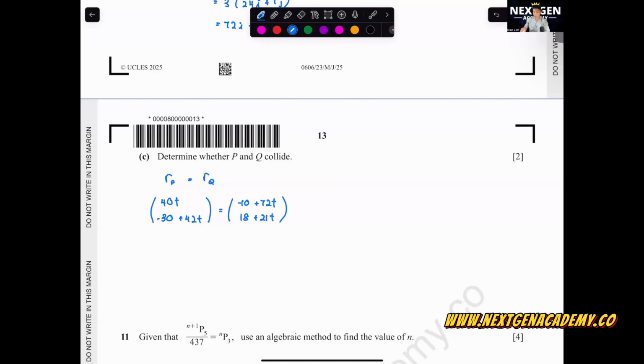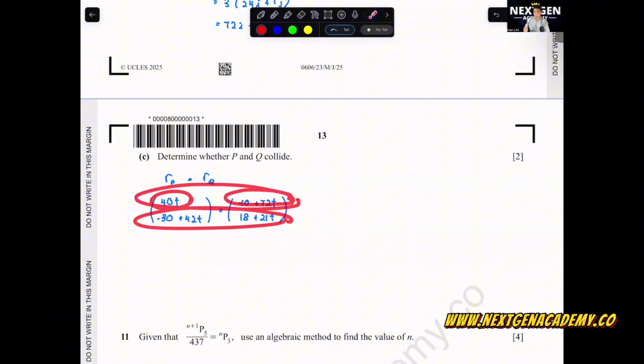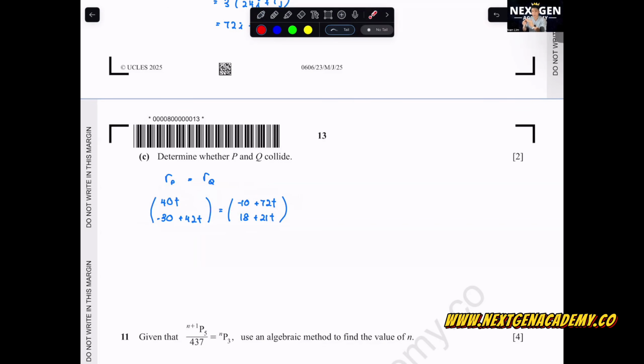What we need to check over here, if it collides, is that if we solve for the x direction and the y direction, both times will be equal to each other, because the x and y positions at that time will be the same. So we do the x direction first, that means the i direction.